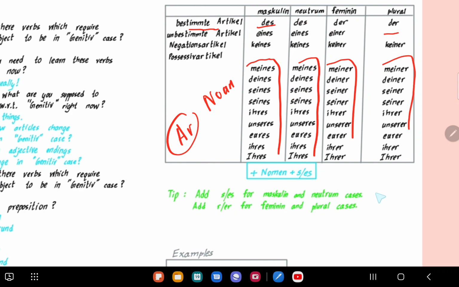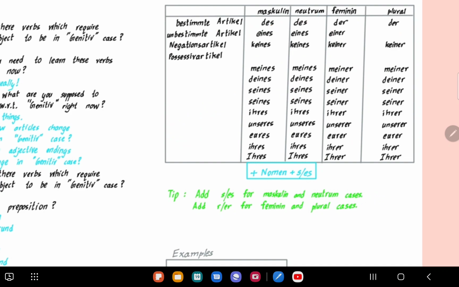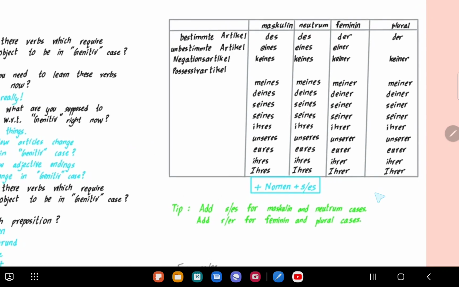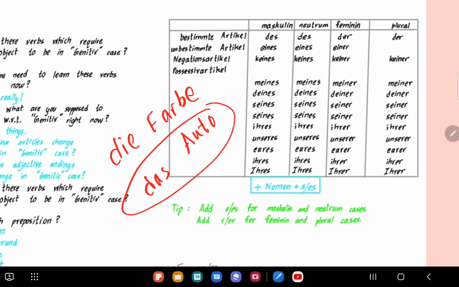Let's say again, the color, die Farbe, das Auto, the color of the car. So here it will be in genitive case, so des will become this, and you also add S over here. That's how it is.